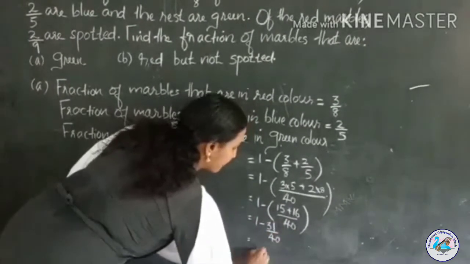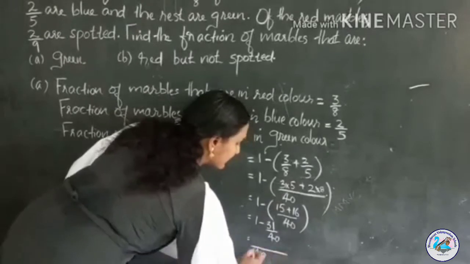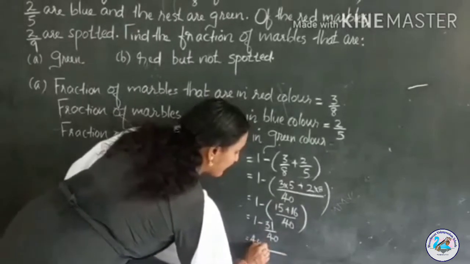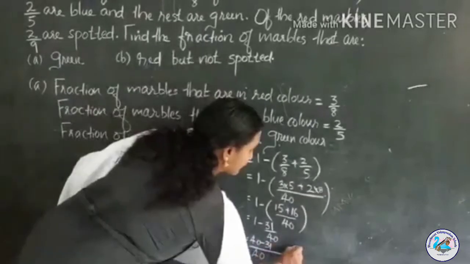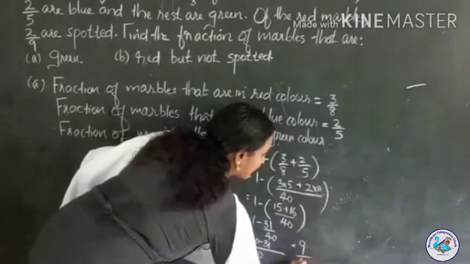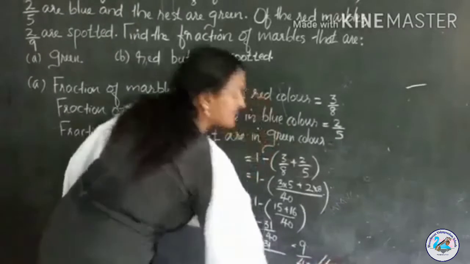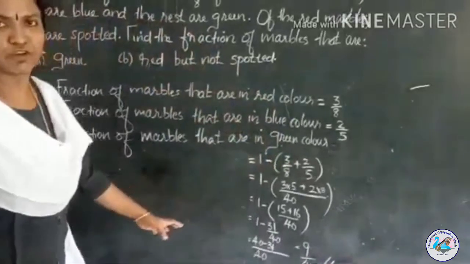Here the LCM is 40, so 40 minus 31 by 40 is equal to 9 by 40. The answer is 9 by 40.